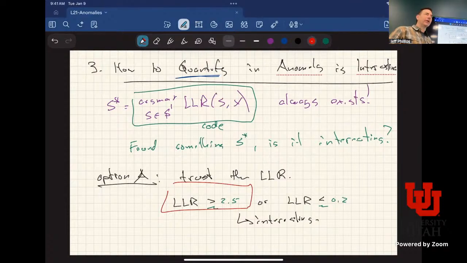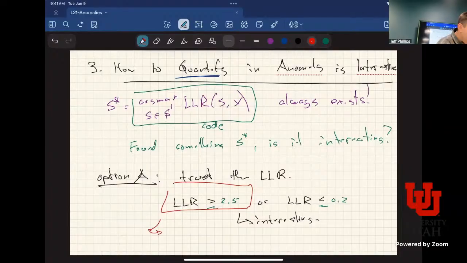This is a big difference between the two options. The problem with this is that, if I'm allowed to fit a much fancier shape to it, I can probably fit the data much better. The larger my family of shapes, the better the likelihood will look for the model that has the anomaly in it. So you have to be really careful about this.